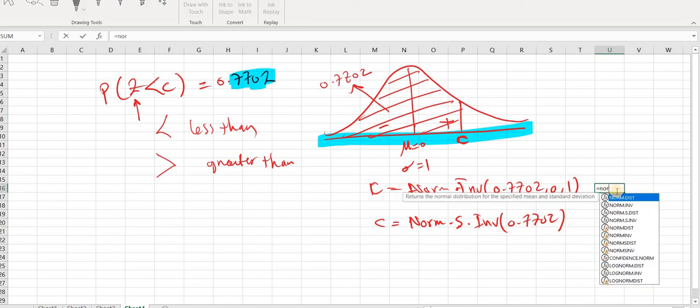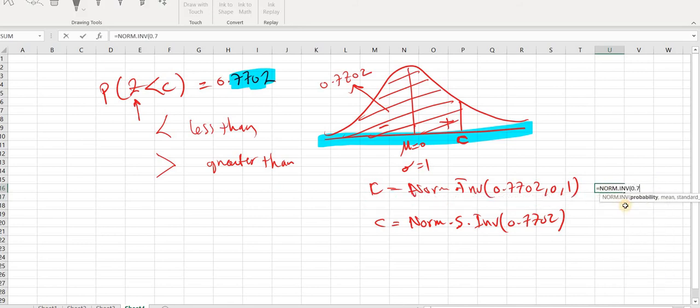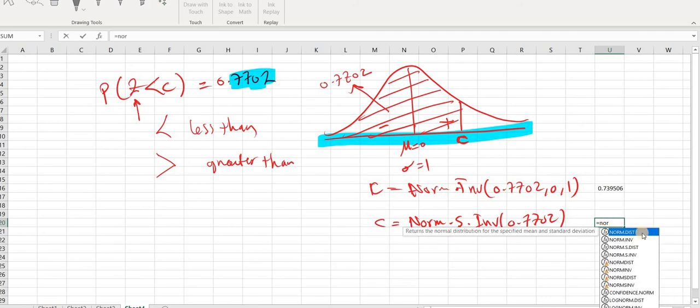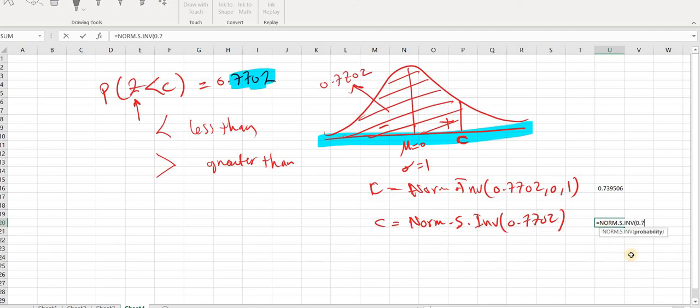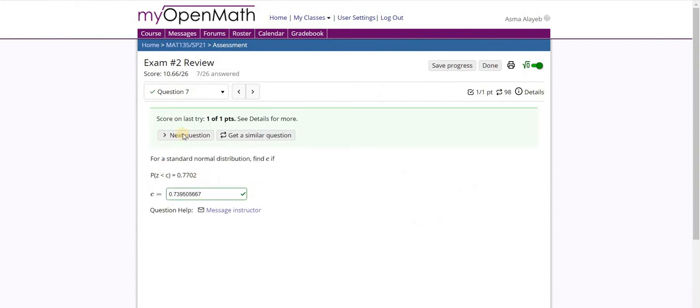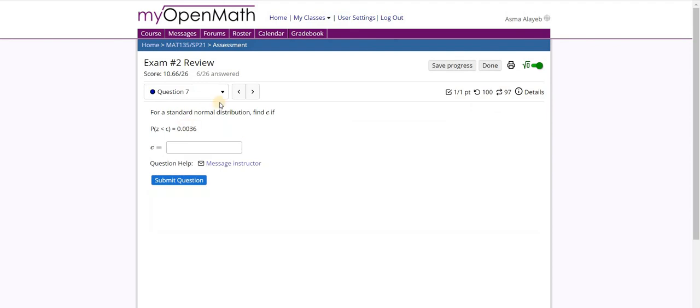So this is norm inverse 0.7702, comma 0, comma 1, and this is norm dot S dot inverse of 0.7702. So as you can see, both of these are identical and they are going to be accurate. So that's what I expected. I expected the z-score result is going to be positive because the area is greater than half of the graph. It's not below 0, it's above 0. And because this is less than. So that's how you answer this question.